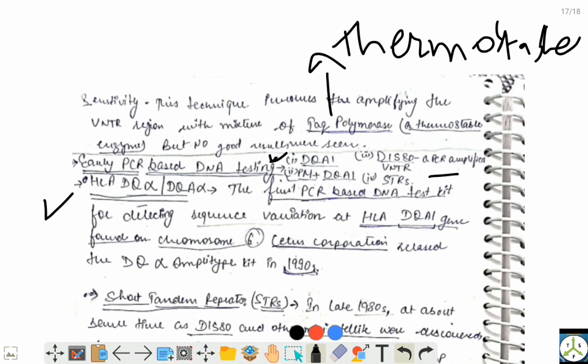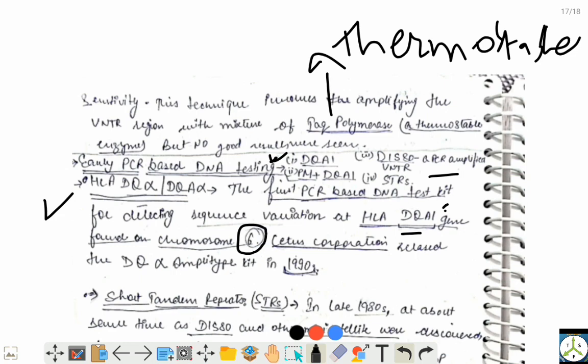First, basically, we use HLA, the human leukocyte antigen. We use HLA in paternity disputes. DQ alpha was the first PCR based DNA test kit for detecting sequence variation in the HLA DQA1 gene, found on chromosome number 6.